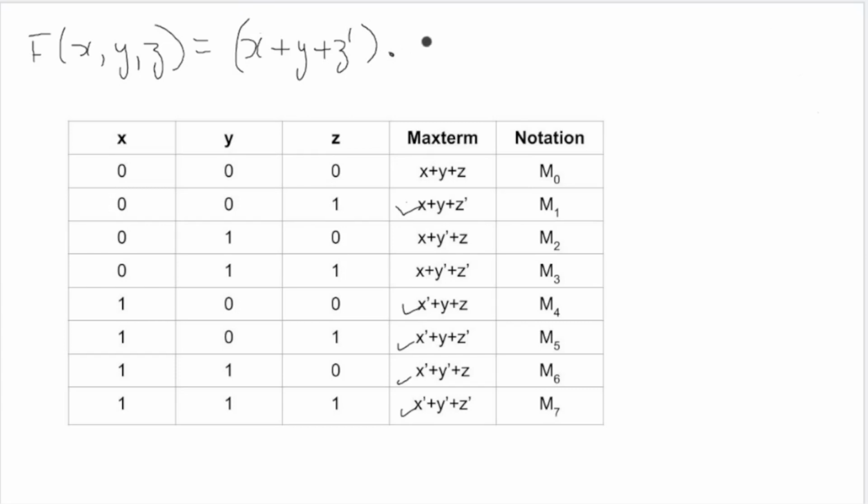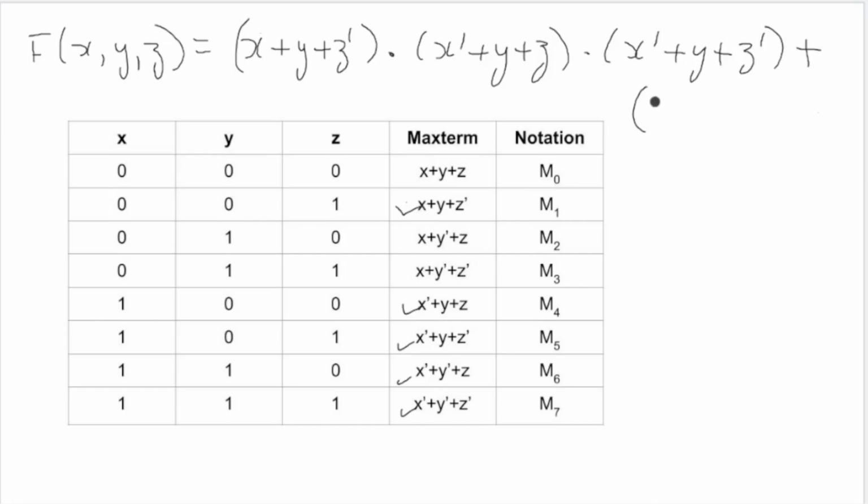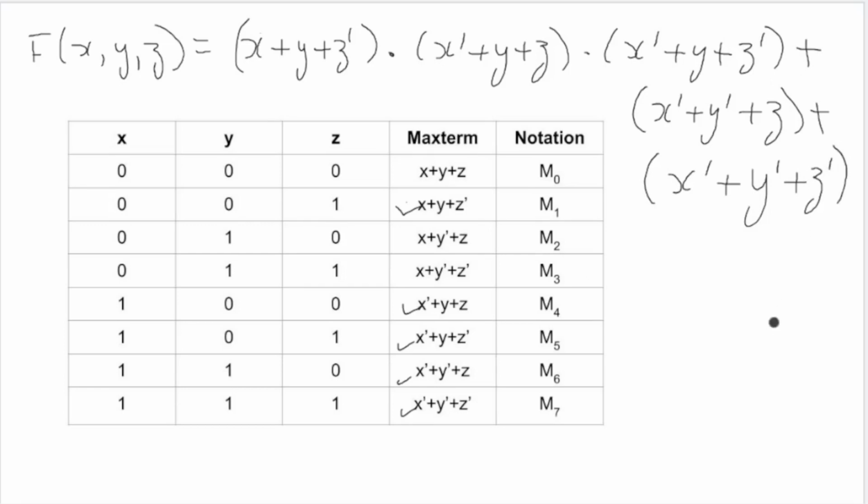Next one is x complement plus y plus z, followed by x complement plus y plus z complement, and then the next term, the 4th term, x complement plus y complement plus z, and finally x complement plus y complement plus z complement. So this is our expression in POS.